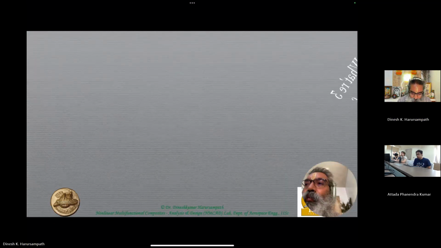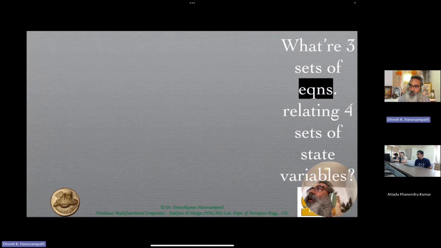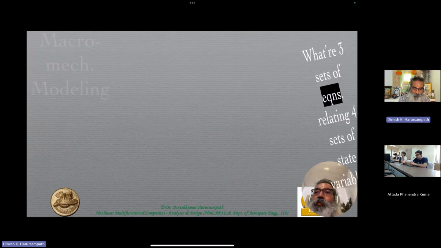Okay. So now we said that some of these might be known, some of these might be unknown. So we need a set of equations to relate all of these things and determine the unknowns in terms of the knowns. Those three sets of equations we bucketed once again into three categories: equilibrium, the constitutive, and the kinematic categories.